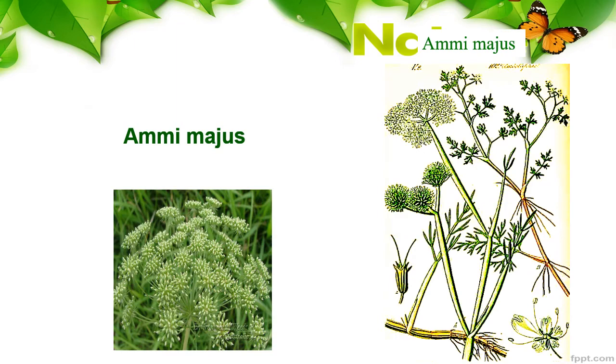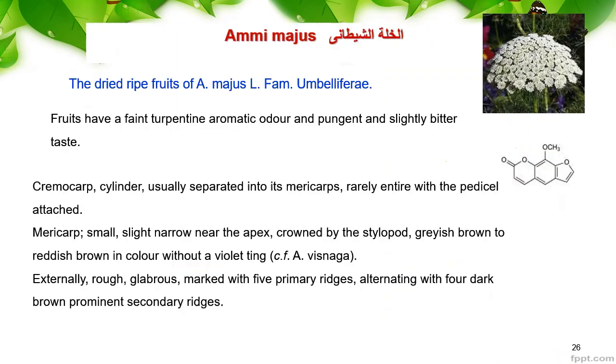Ammi majus is an allied drug to Ammi visnaga, the dried fruits of Ammi majus, family Umbelliferae, known in Arabic as Khella Shaitani. The fruit has a faint turpentine-like odor and pungent, slightly bitter taste.